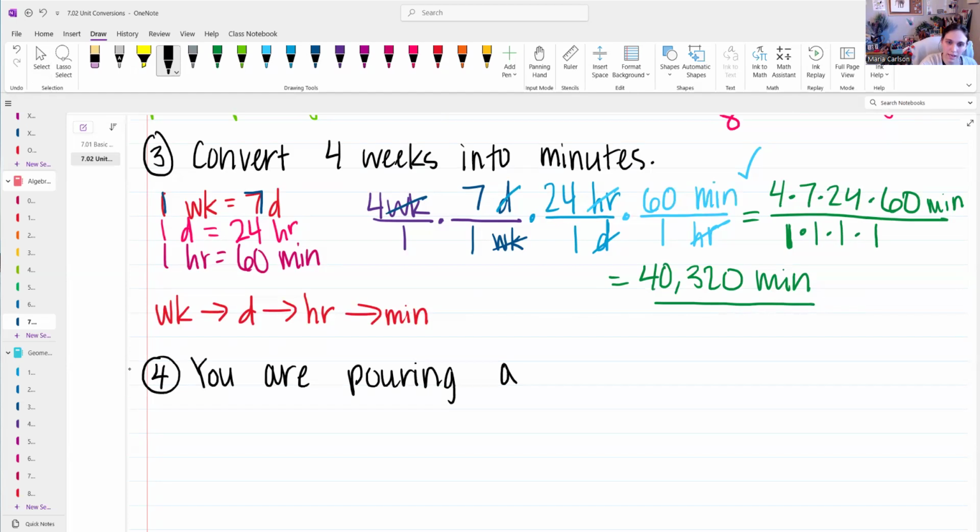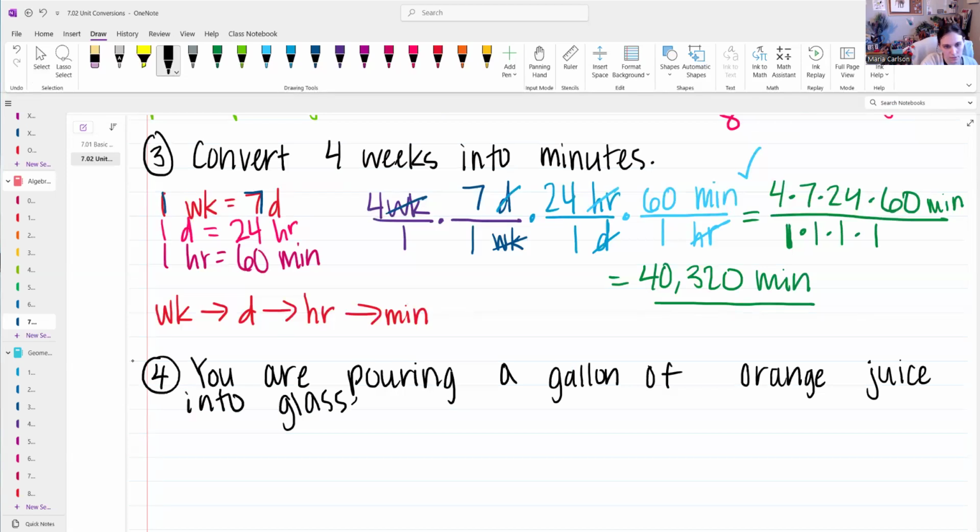Oops, I'm pouring a gallon of orange juice into glasses, meaning cups, but I'm not using the word cup because that is the unit of measurement.